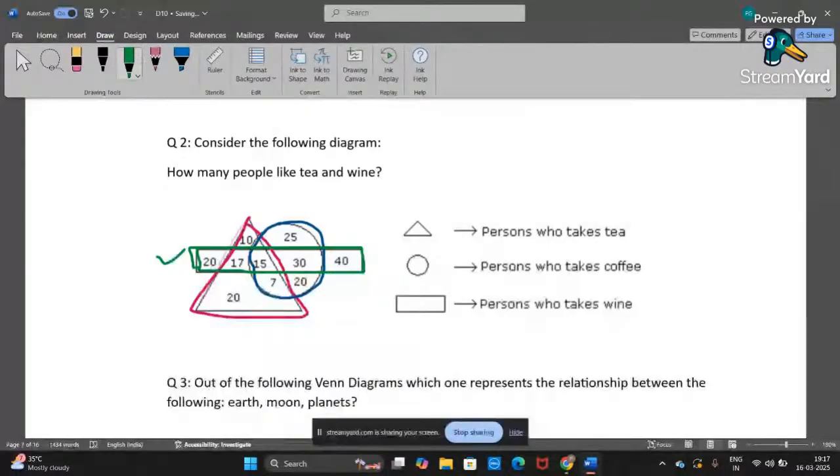What is the answer? Only the wine and tea. How many people like tea and wine? So it is 17, right? See, this 17 people, one second.